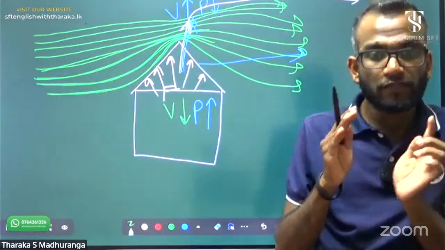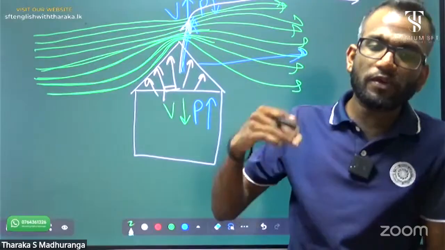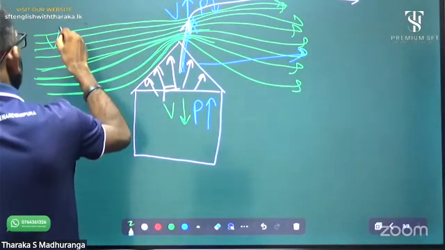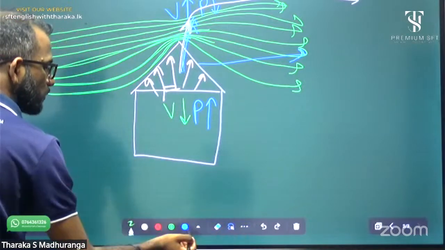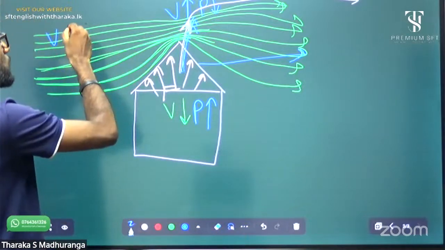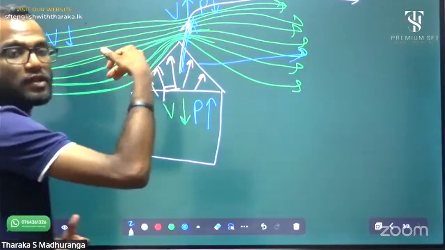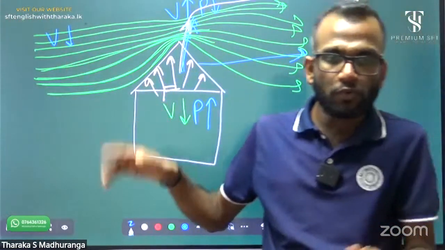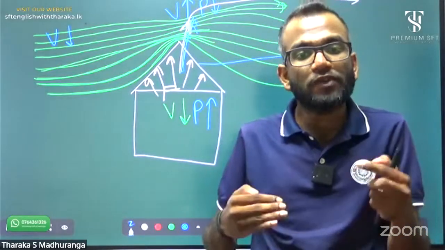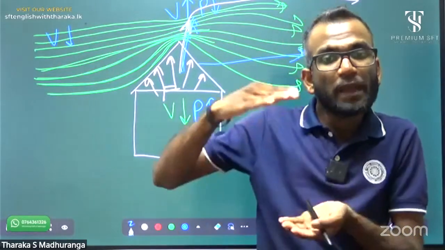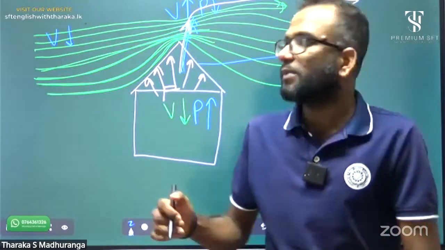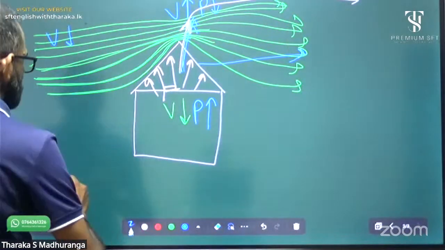If they are very close, remember velocity is greater. Compared to this velocity, this one is a very great value because due to the shape of the roof, the streamlines become compact.